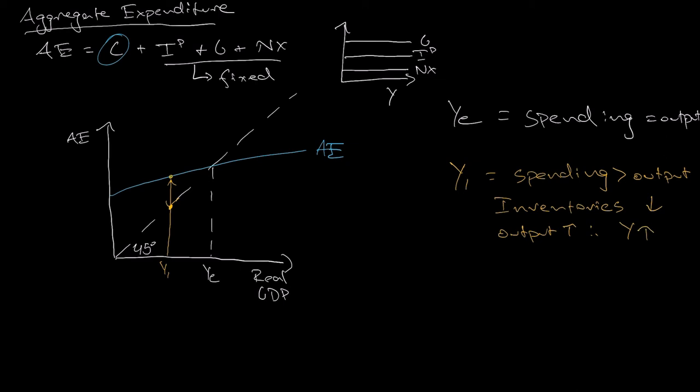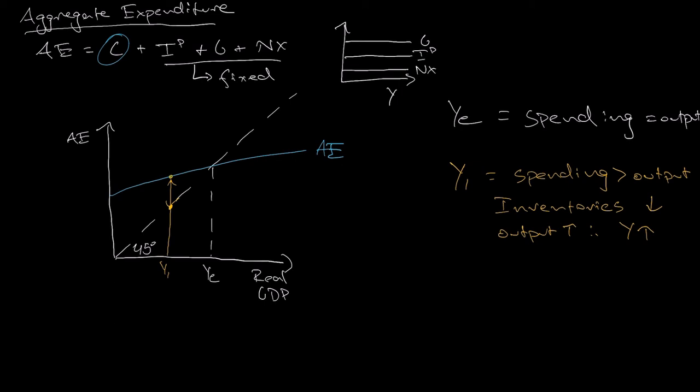So this increase in output will occur until the amount of output equals the level of aggregate spending, at the point of YE again. So it's kind of like a natural rebalancing to equilibrium in the economy.